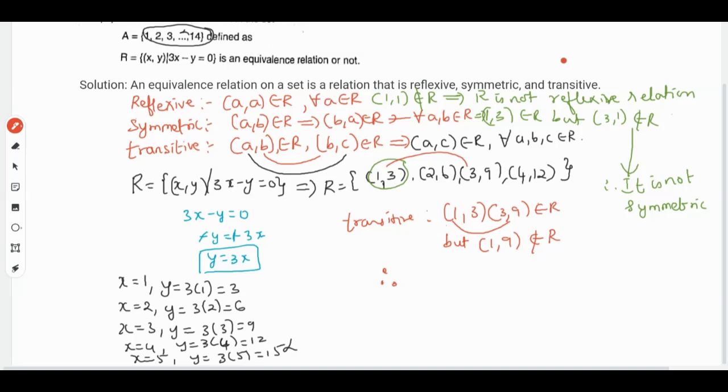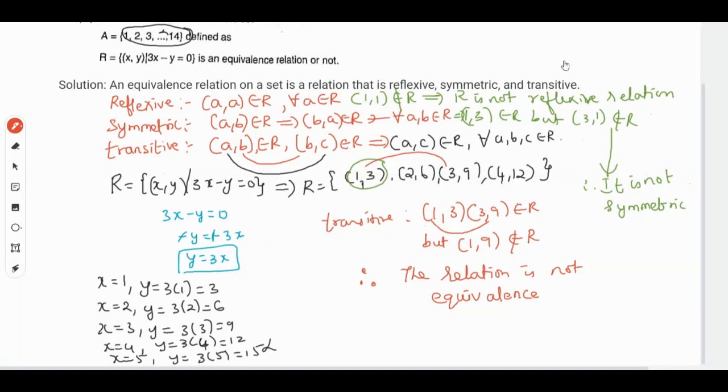Therefore the given relation is not an equivalence relation. If it is symmetric, transitive and reflexive, then it is an equivalence relation. If it does not satisfy these conditions, it is not an equivalence relation.